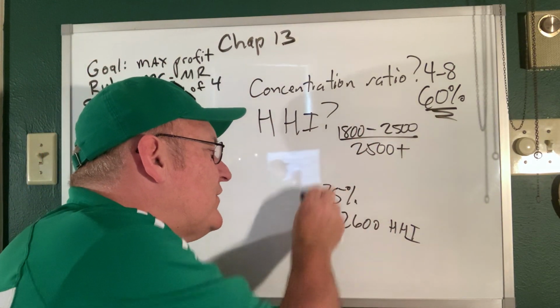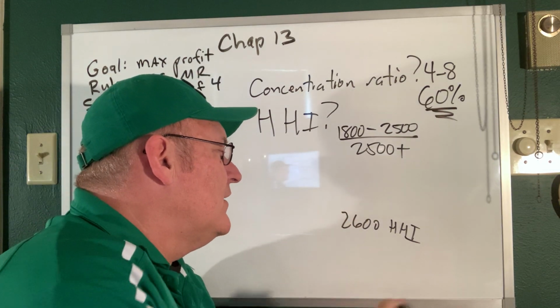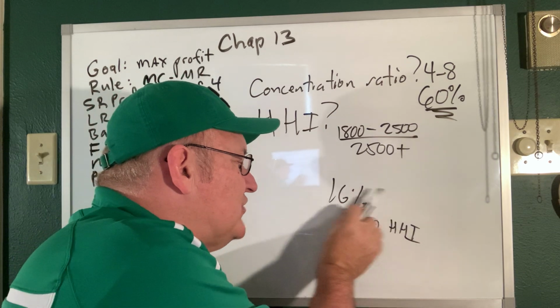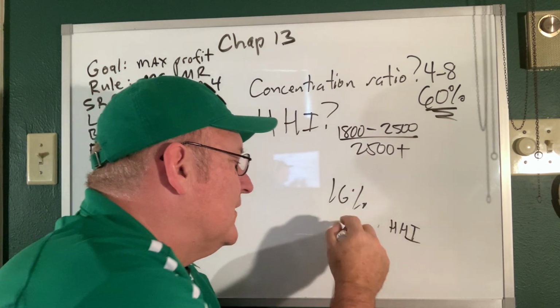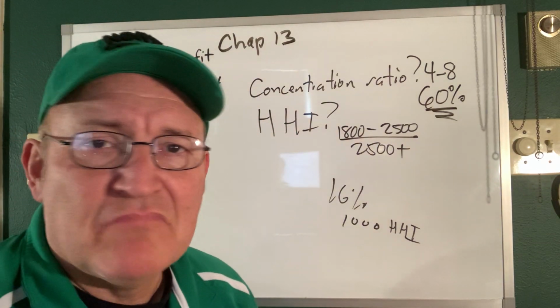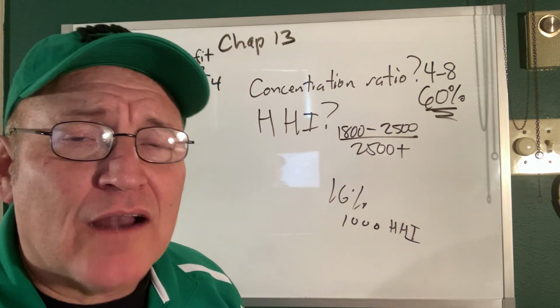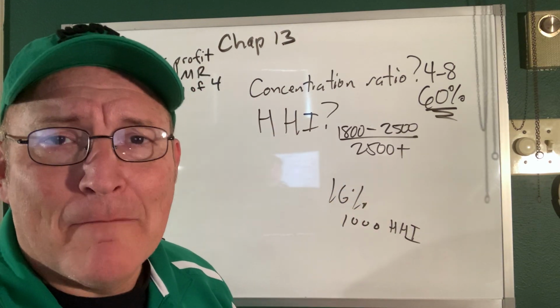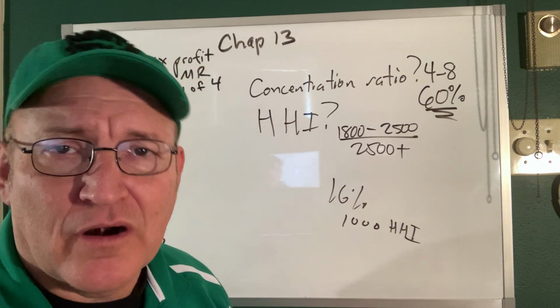If you come to me and say, yeah, my concentration ratio is 16% and the HHI is 1,000, then that's not a concentrated market structure, and that would be indicative of a monopolistically competitive market structure.